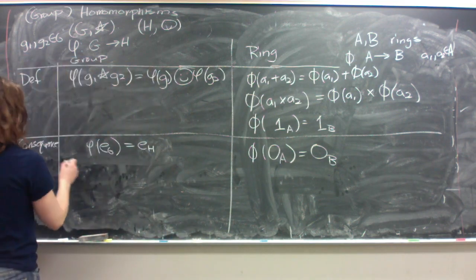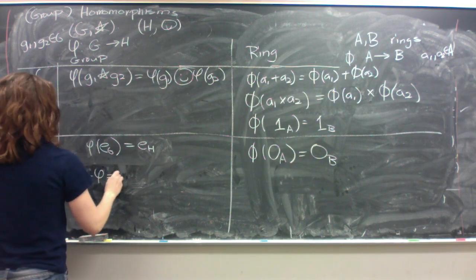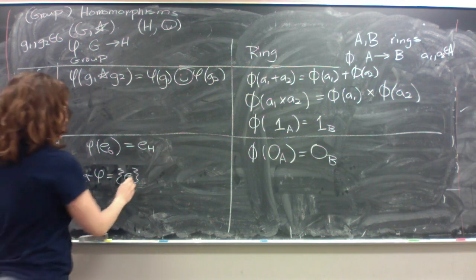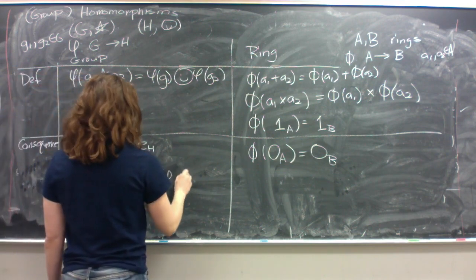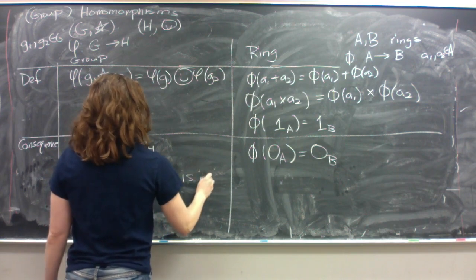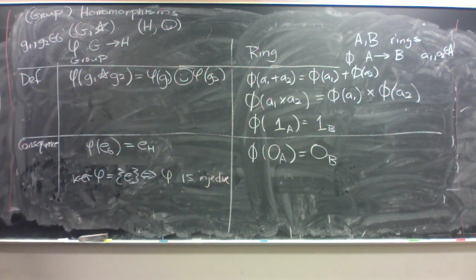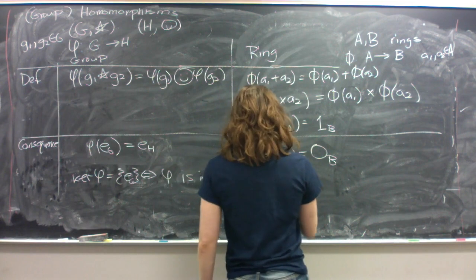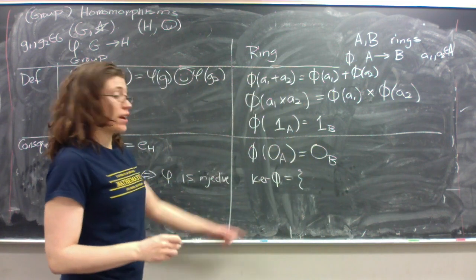The kernel of a group homomorphism is the group identity if and only if phi is injective. This is a sort of statement that we saw with rings as well, that the kernel of phi is an identity.